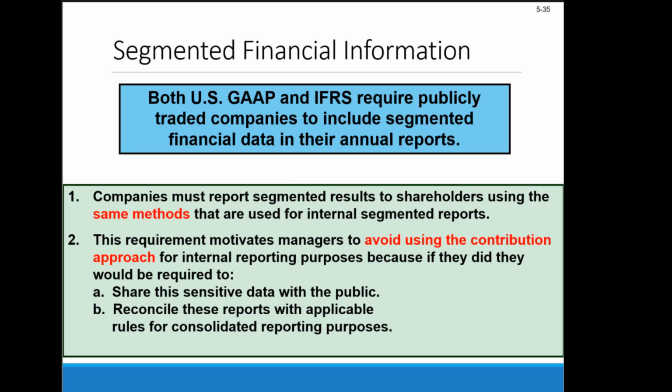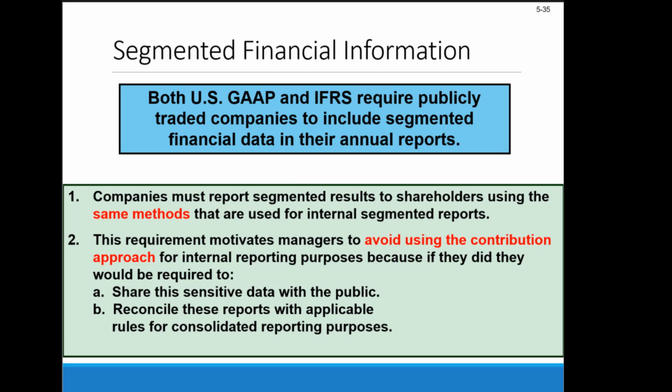US GAAP and the International Financial Reporting Standards do require publicly traded companies to include segmented financial data in their annual reports. So companies do have to put those things together using the same methods that are used for internal segmented reports. That hopefully motivates managers to avoid using the contribution approach for internal reporting purposes, because if they did, they'd have to do two things. Right?